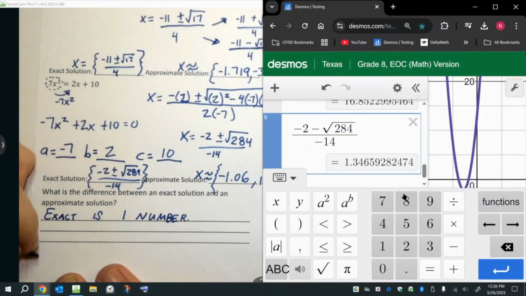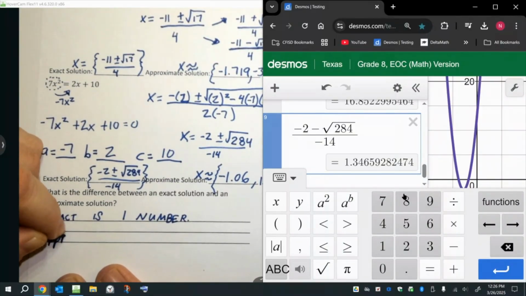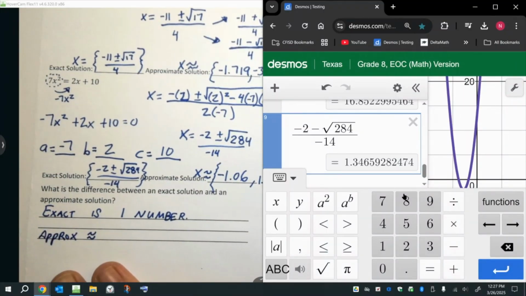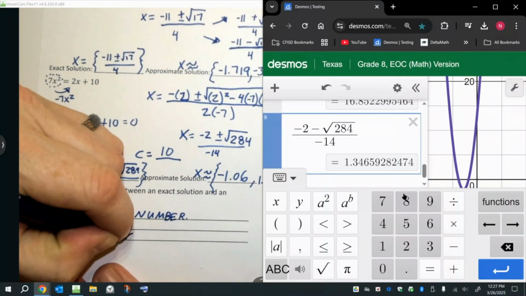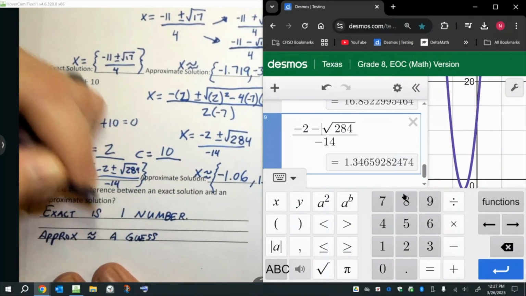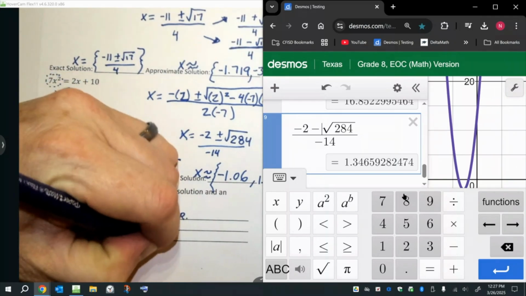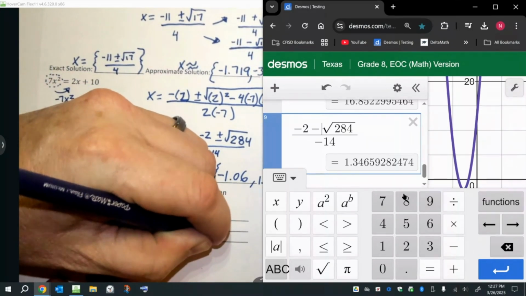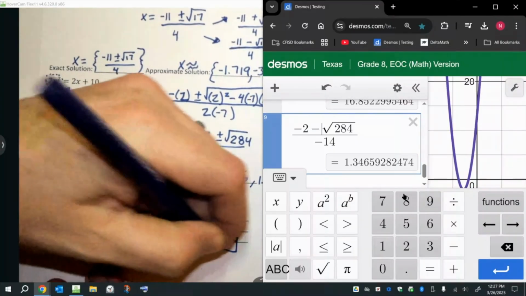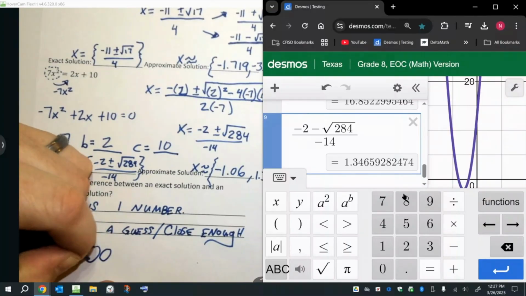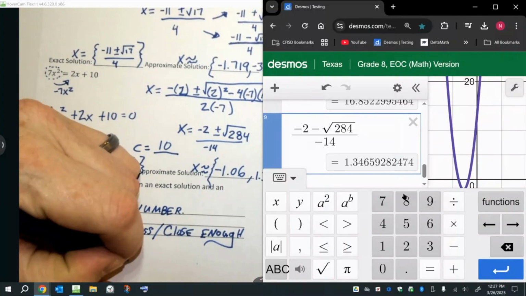Approximate means it's a guess. Close enough. And most likely will look ugly.